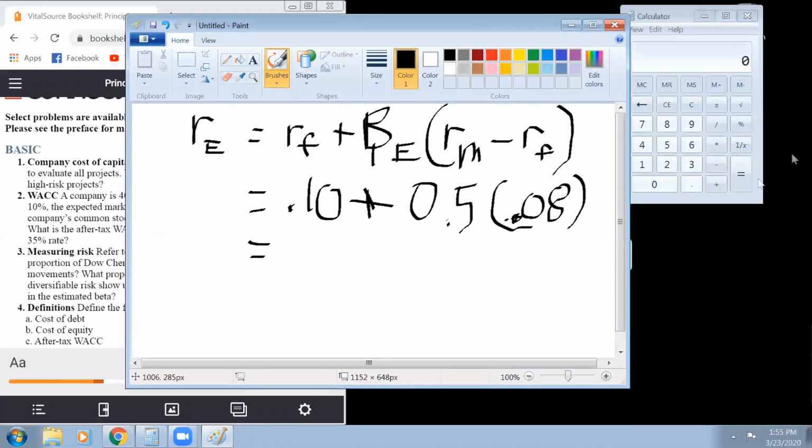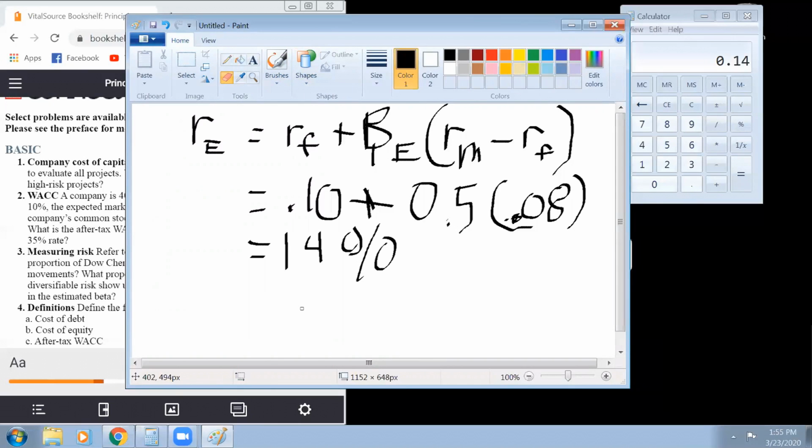So you do the math: 0.5 multiplied by 0.08 gives you 0.04, and you add that onto 0.10, and it gives you 14%. That is our cost of equity here. Okay, 14% for the cost of equity.